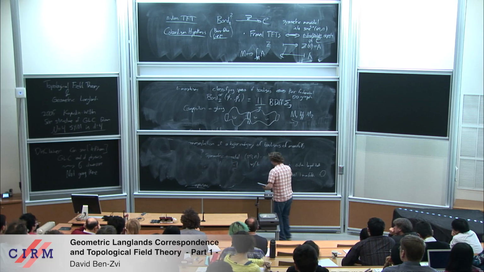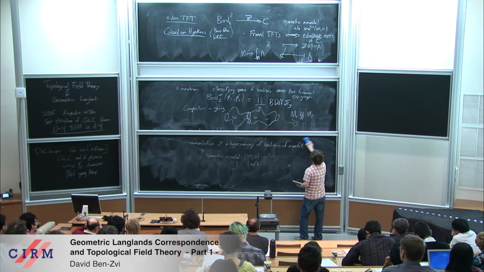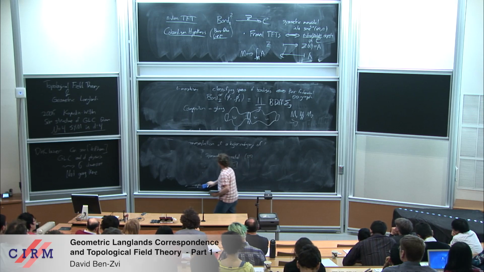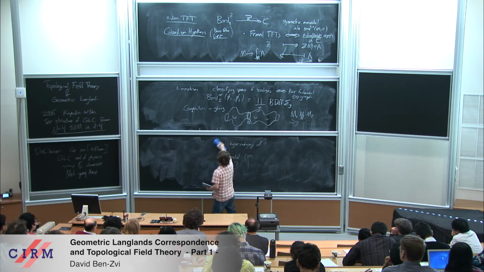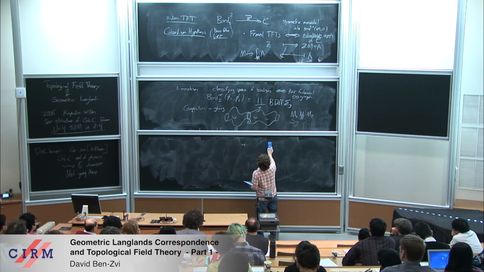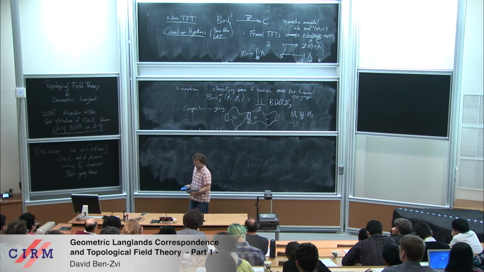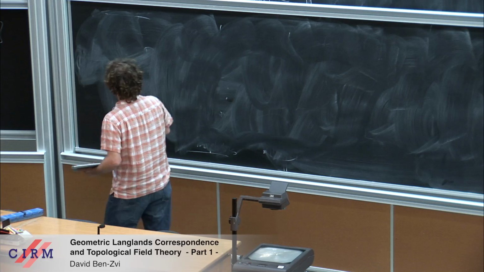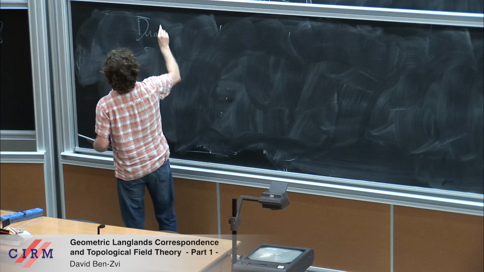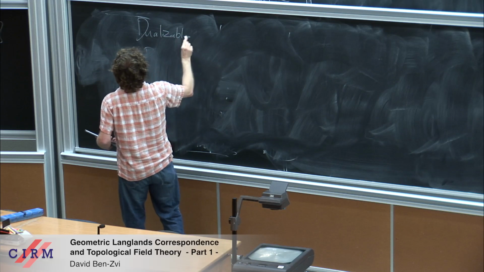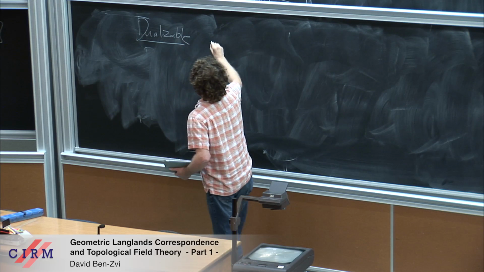Okay, so what does it mean to be dualizable? Dualizable means it has duals in an n-dimensional sense. So being an n-dualizable object means it has n-dimensional duals. First of all, what does it mean to be a dualizable object?